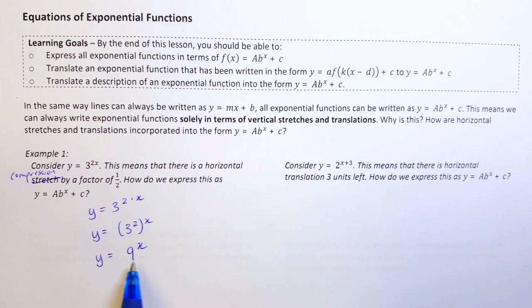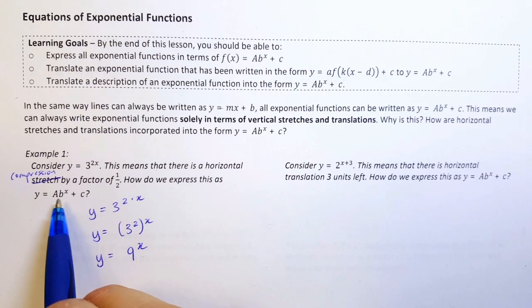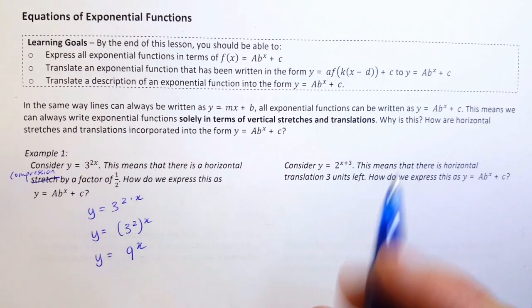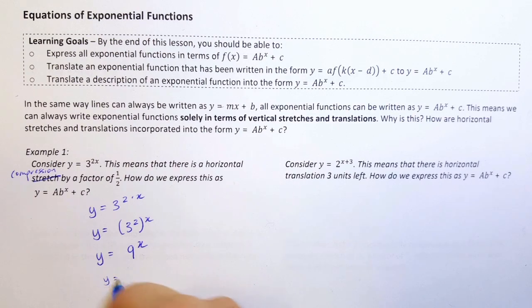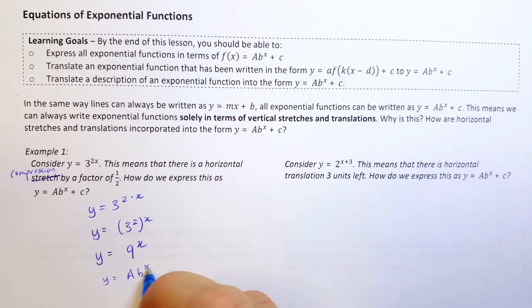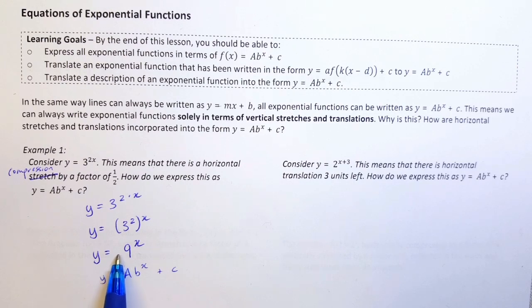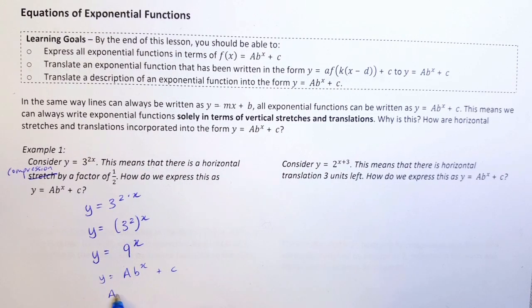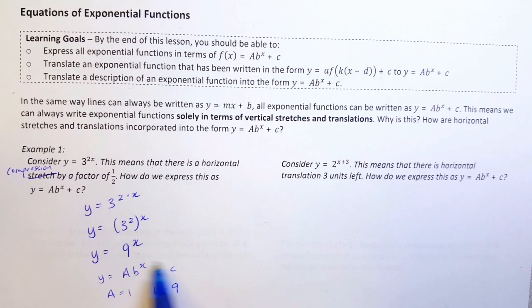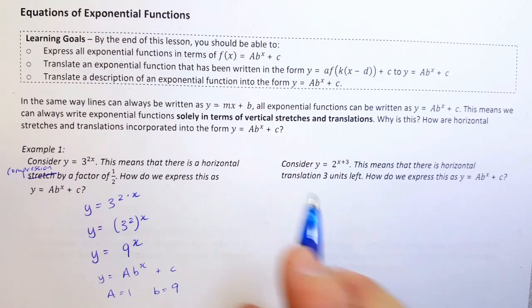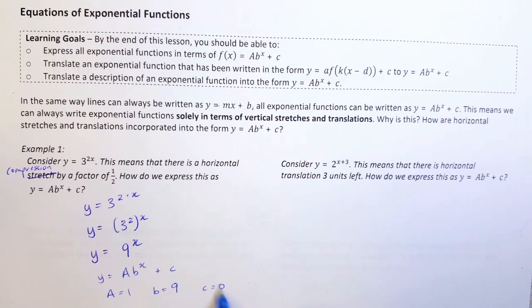So have I now translated this into the form a b to the power of x plus c? Well, let's see. y is equal to a b to the power of x plus c. Do I have a coefficient in front of my 9? No, I don't. That means that a is equal to 1. My base here is equal to 9, and I don't have a vertical translation, so c is equal to 0.